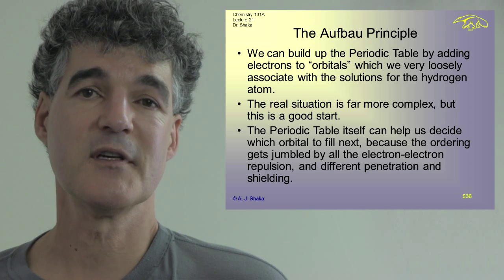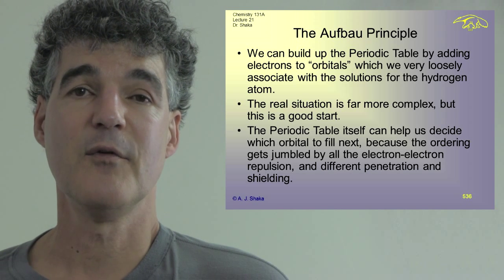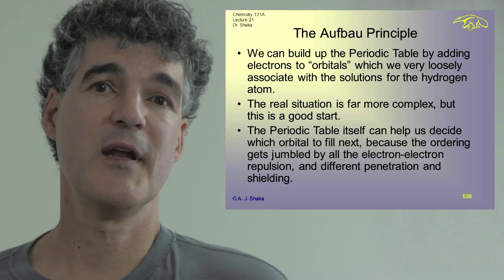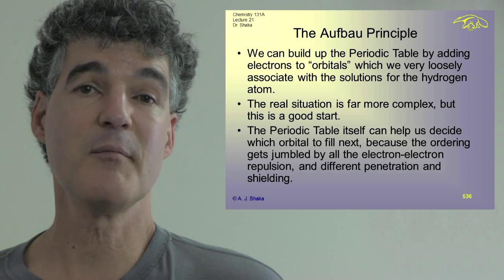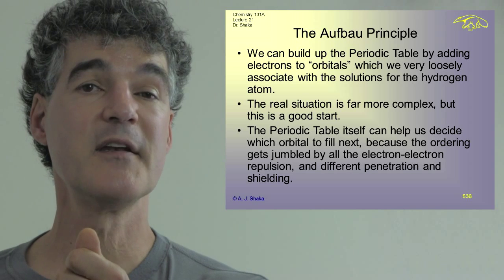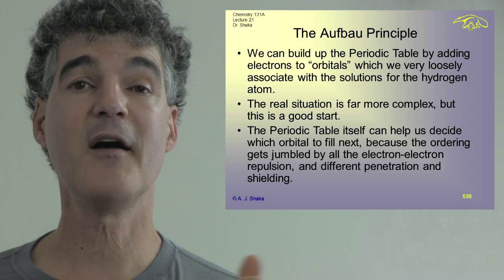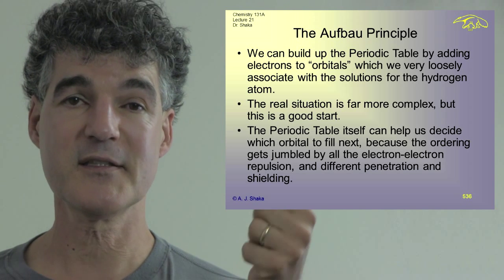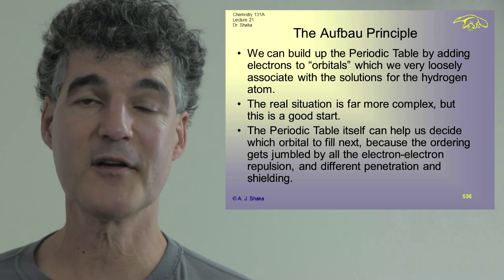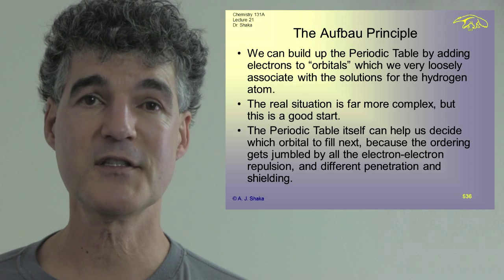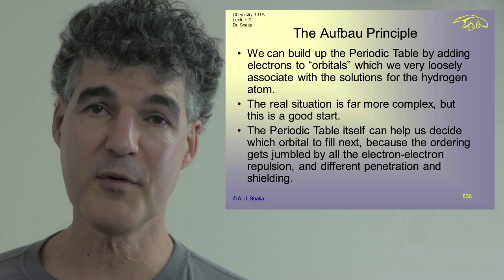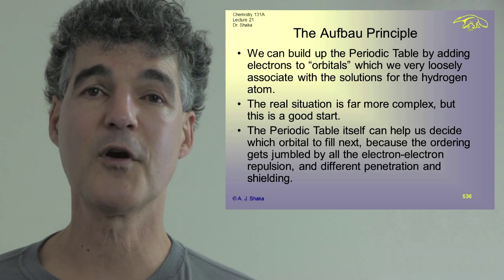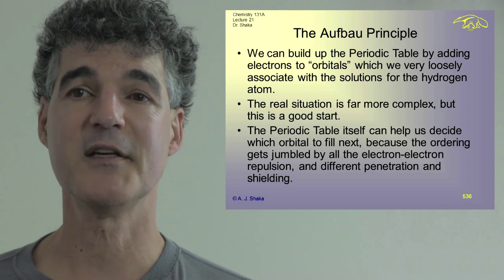What we have to do is go through and see what happens. And the periodic table is the best way to do that, because by looking at the atomic number and where it comes out, you know exactly which orbital got filled, because things that have the same outer electron configuration have very similar properties, and that's why we put them into columns, and that's why we recognize that there were patterns in the first place.